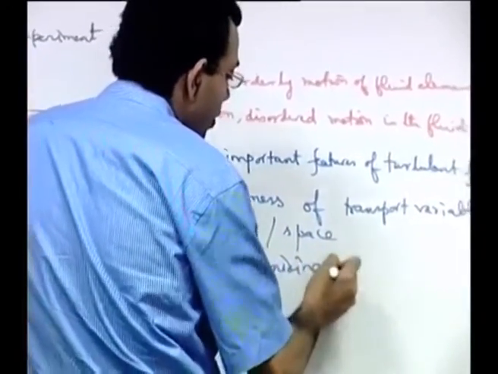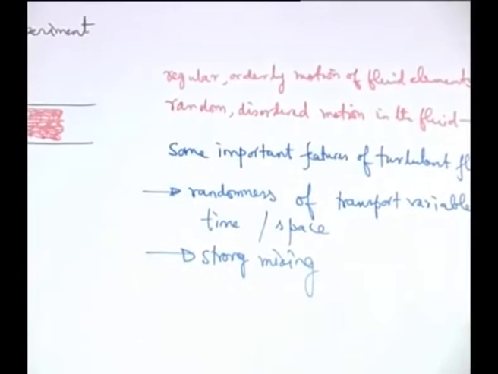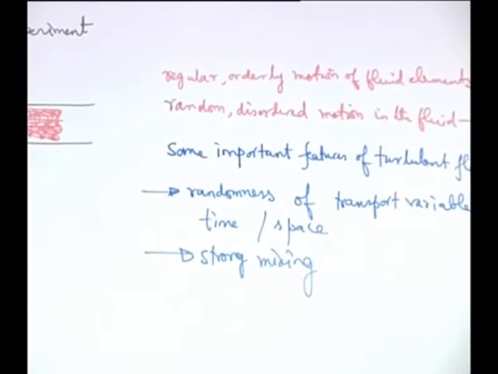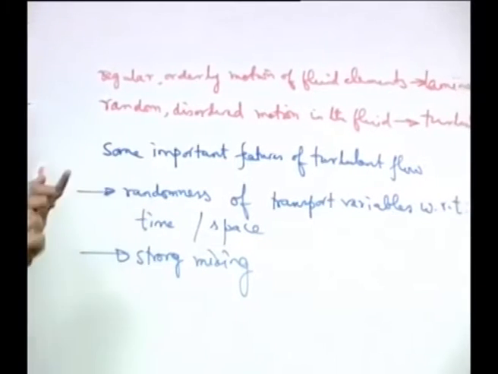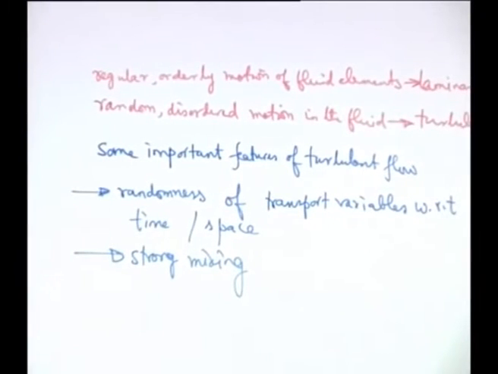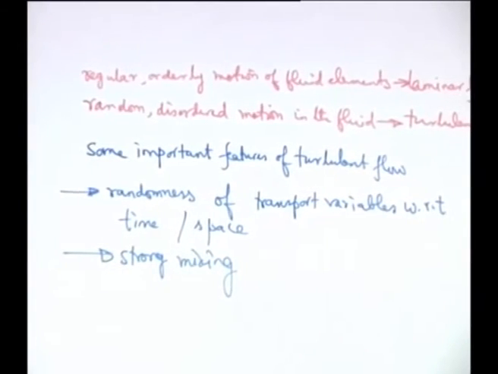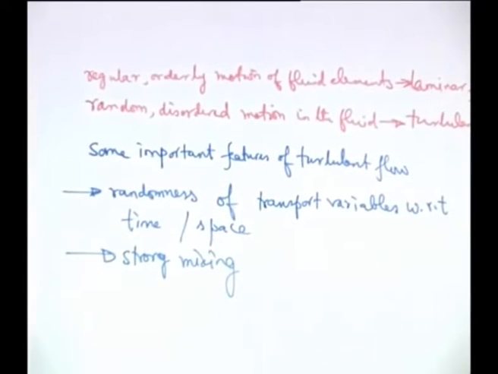So, turbulent flow has an enhanced effective diffusivity, because diffusivity is a signature of mixing. So, strong mixing in a turbulent flow is there because of the interaction of the fluctuation components of velocities or maybe other transport parameters like temperature.